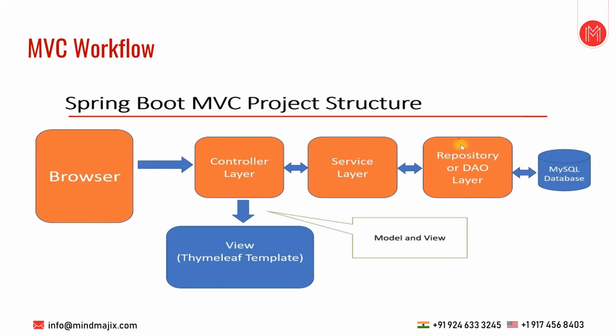And the last layer is the database layer. This layer performs the CRUD operations, that is create, read, update, delete. Spring Boot architecture is similar to Spring MVC, except that Spring Boot does not require DAO, data access object, or DAO implementation classes.